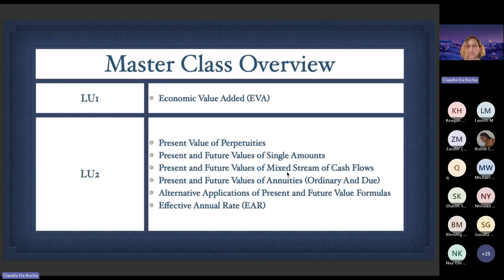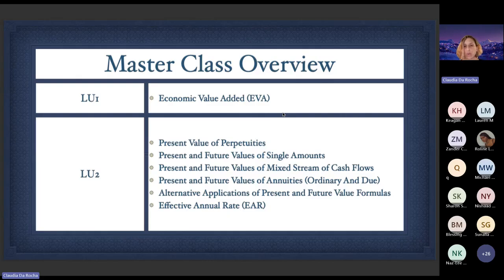Then in learning unit 2, that is the bigger chunk of what is required for your test preparation. You need to know your present value and future value calculations for different types of investments or loans, for example. And I've listed all that we need to know.